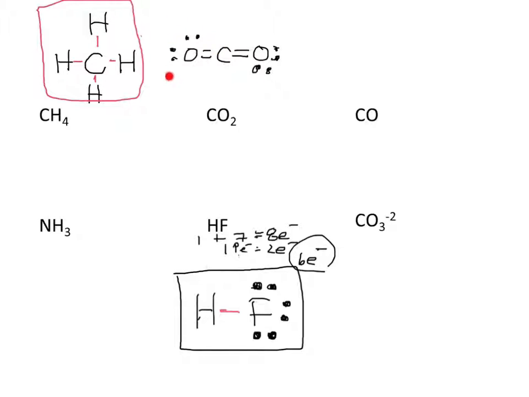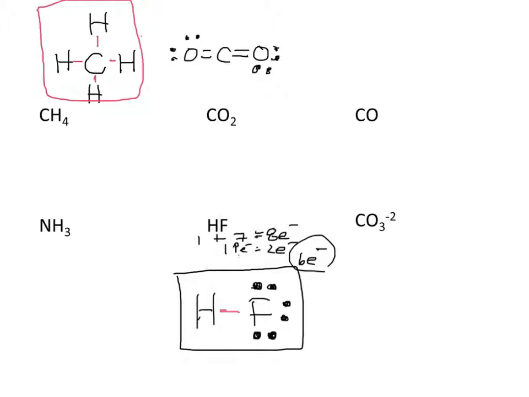This still has 8 electrons associated with it. Let's just make sure. 1, 2, 3, 4, 5, 6, 7, 8. Again, if we look on this side, 1, 2, 3, 4, 5, 6, 7, 8. And now let's look around the carbon. 1, 2, 3, 4, 5, 6, 7, 8. So that checks.